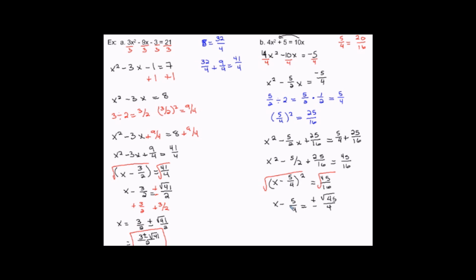Now 45 is not a prime number. We've been dealing with all prime numbers, so we need to simplify the square root of 45. 45 is 5 times 9, and 9 is 3 times 3, and 3 and 3 are a pair, so they get to come out. So I get 3 times the square root of 5.